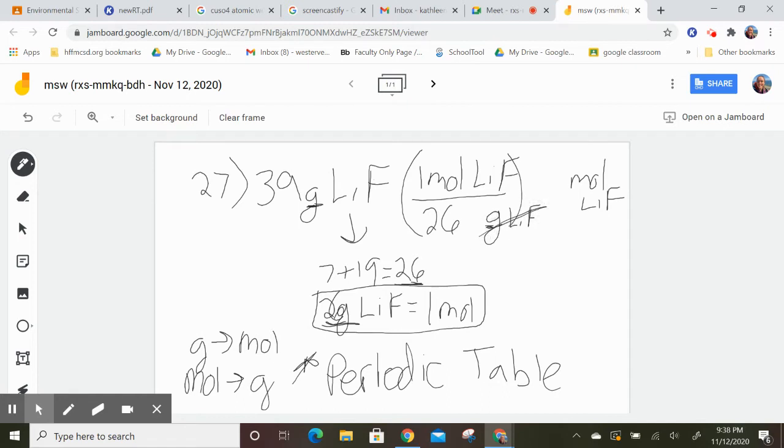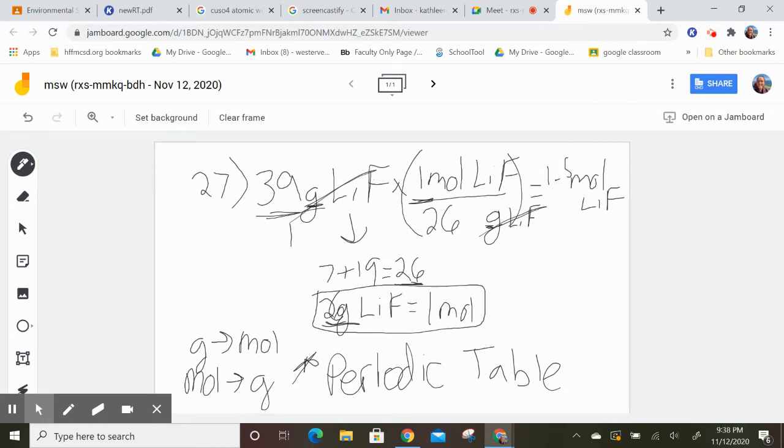So grams of LiF and grams of LiF cancel. So all we have to do is, this is a top number. You can consider this to be over 1. So 39 times 1 is 39, divided by 26, because 26 is on the bottom, gets you to be 1.5 moles, 1.5 moles of lithium fluoride.